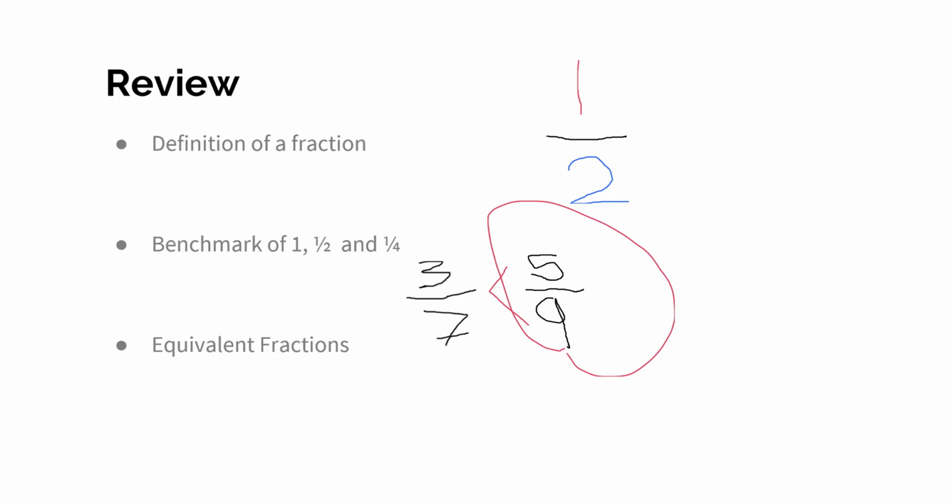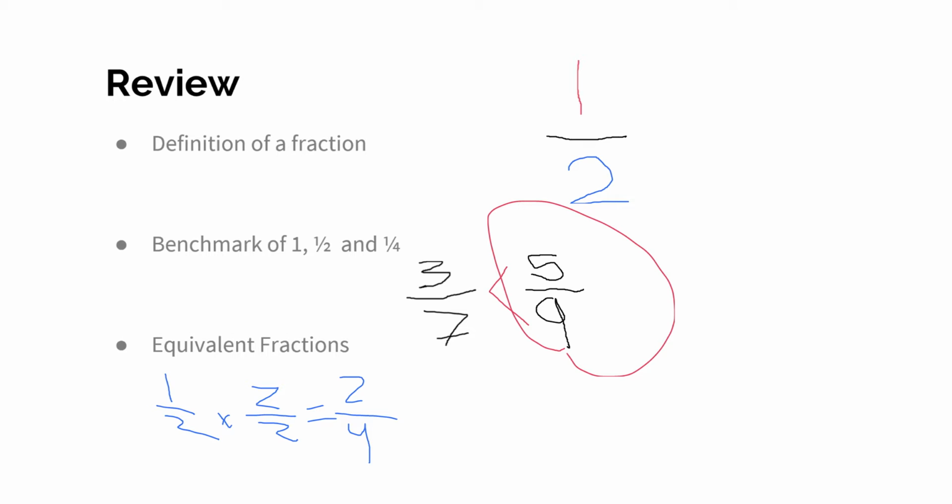And last but not least, I want to make sure that we understand that equivalent fractions are fractions that, while they may differ in numerator and denominator, are still equal. For example, 1/2, if you multiply that by 2 over 2, we get the same fraction, or equivalent fraction, of 2/4. 2/4 is the exact same value as 1/2.